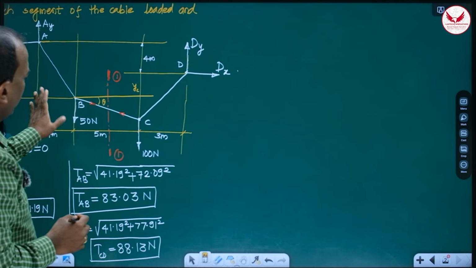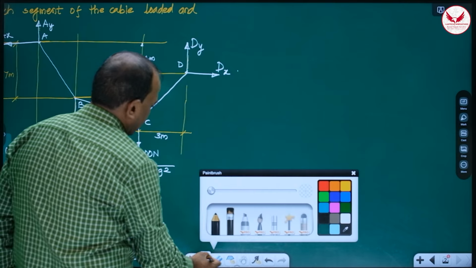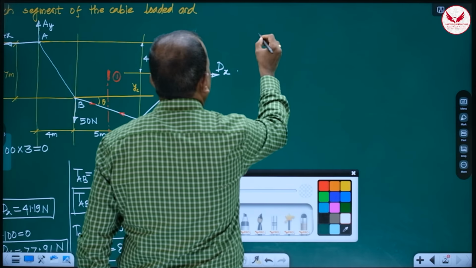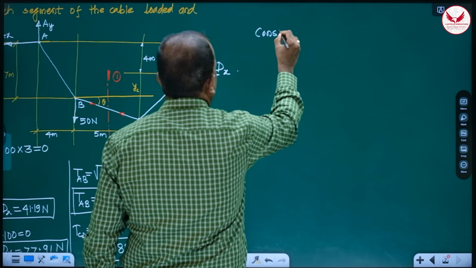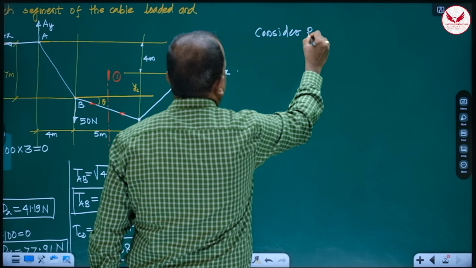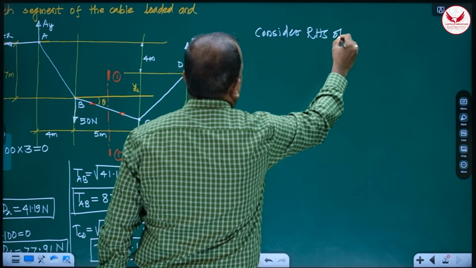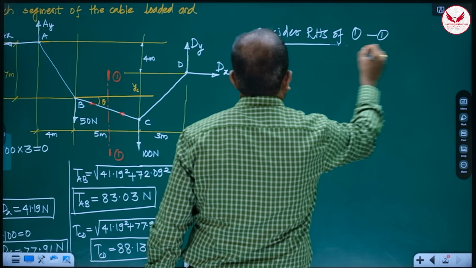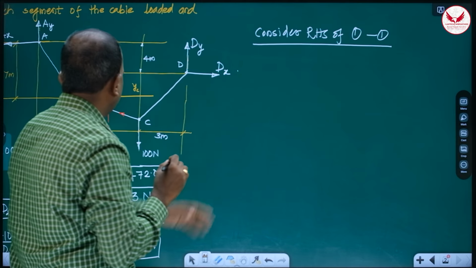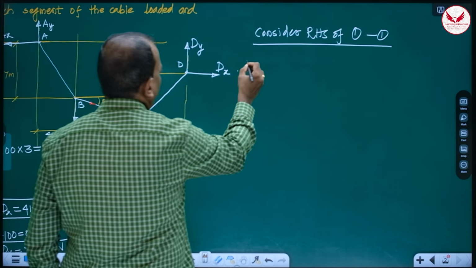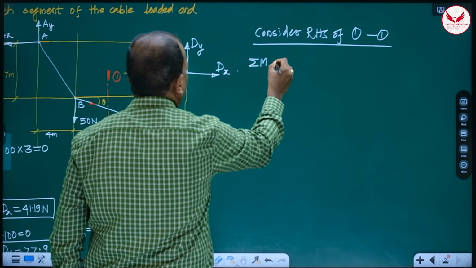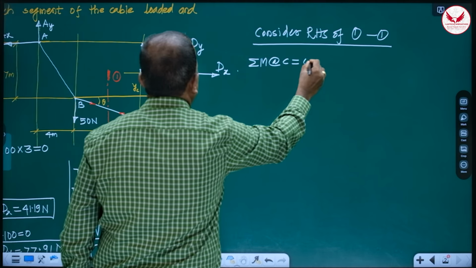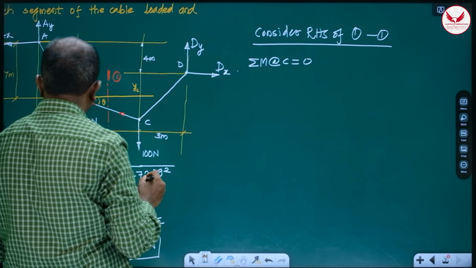So for getting the YC distance, again the procedure is what? Consider RHS of this section 11. So whatever that section 11 is there, it's RHS portion. Then if we take the moment of C, summation M about C, it is equal to 0. Dx we are knowing.